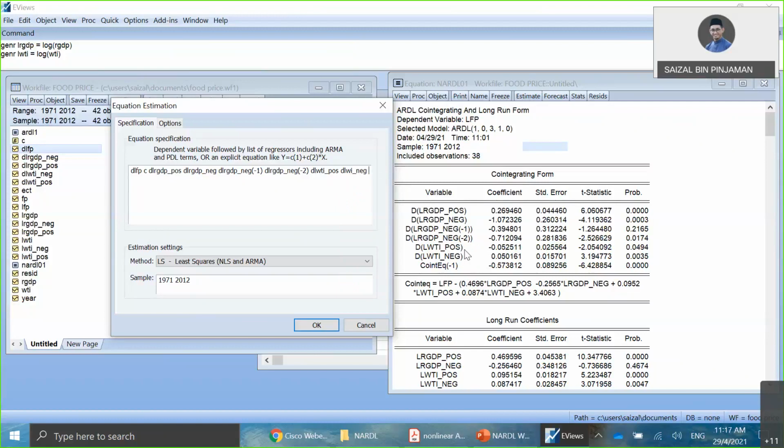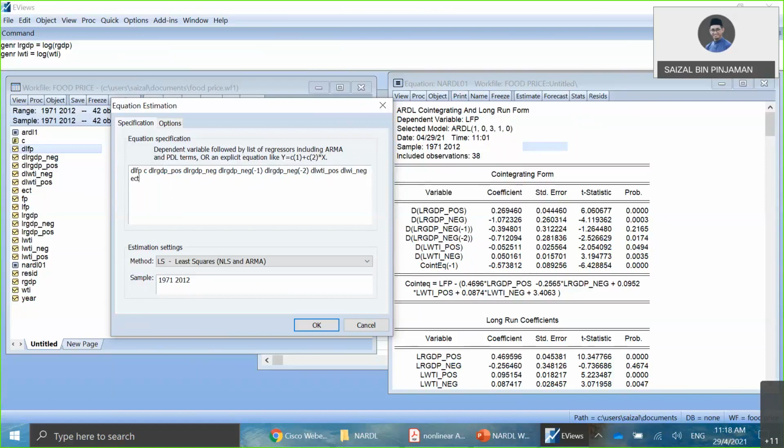This is for the short run co-integrating form. So you can also see, as I mentioned before, we are forming this ECM model based on this co-integrating form. And last but not least, here you can see that we have this ECT term.